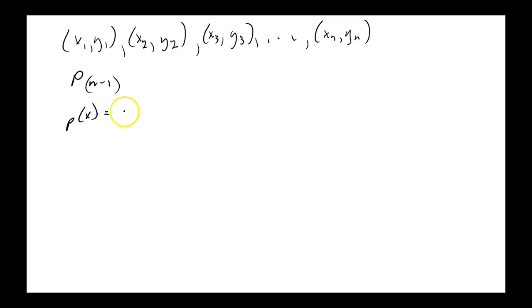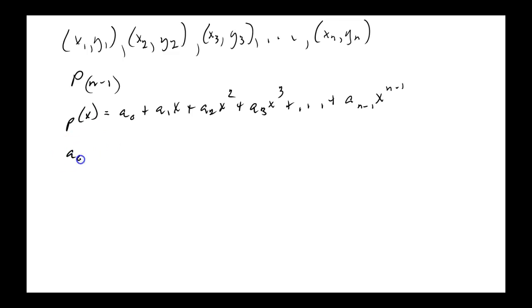And you know this is going to be true: a sub 0 plus a sub 1 x plus a sub 2 x squared plus a sub 3 x cubed plus dot dot dot plus a sub n minus 1 x to the n minus 1, okay? That is your polynomial of degree n minus 1, and you claim that all those points can be fit by that polynomial, okay?